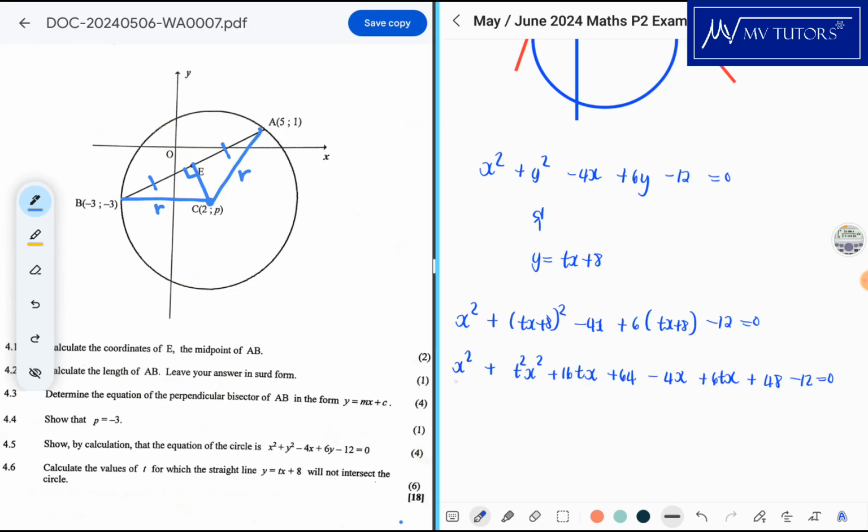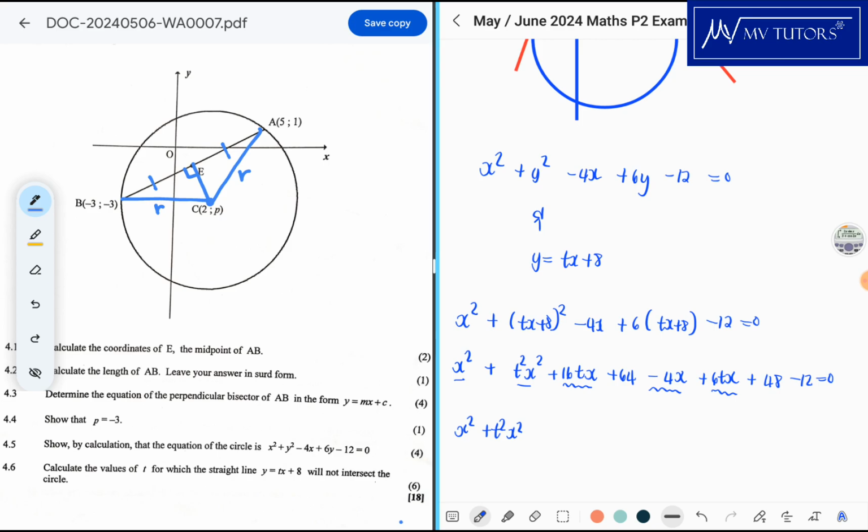So what do I have here? I have x squared and t squared x squared. Okay, so I'm going to put that together: x squared plus t squared x squared. And then I have 16tx, minus 4x, 6tx. I need to put that together.